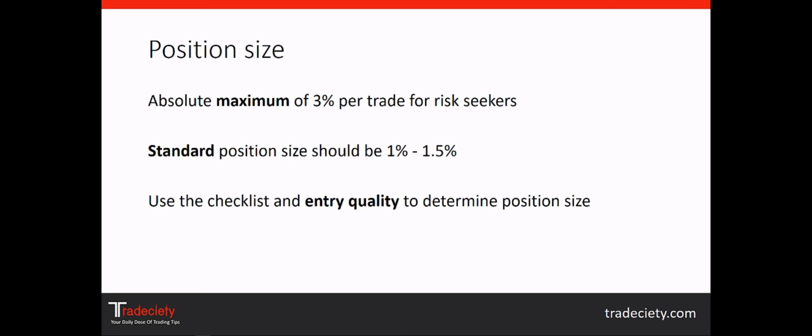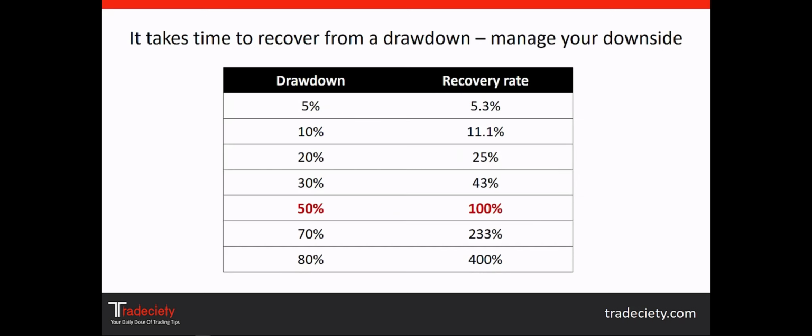Only risk 1% per trade. So here we can take a look at drawdowns and recovery rate quickly, so that we can understand why position sizing is so important. So let's say you are in a 5% drawdown, you lost 5% of your account, and you have to recover 5.3% then. It will become much clearer what this is when we take another look at a 50% drawdown.